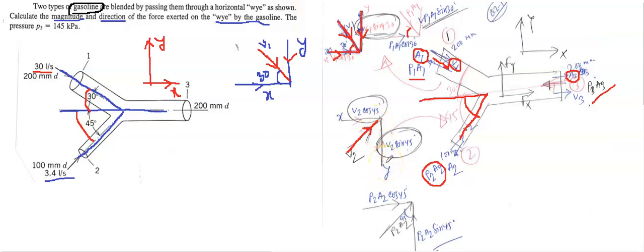In this case the velocity is not along the y-axis, so you need to divide this velocity along x and y. It is acting this way and this way. As this is the horizontal surface, v2 is at 45 degrees, so v2 cos 45, and this is v2 sin 45.